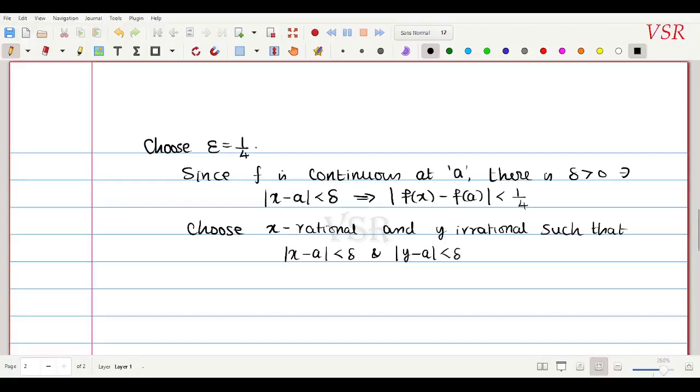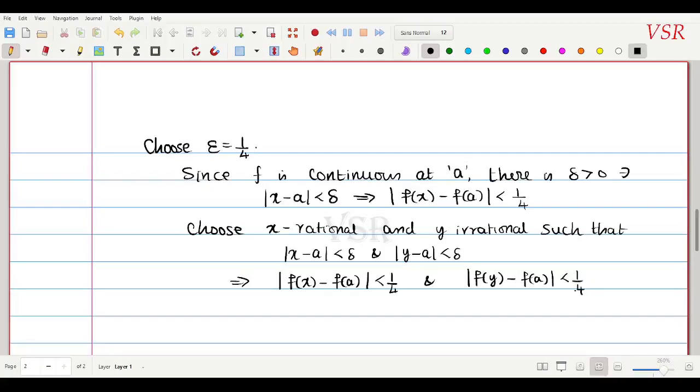So this implies that modulus of f of x minus f of a is less than epsilon, which is 1 by 4, and modulus of f of y minus f of a is less than 1 by 4.